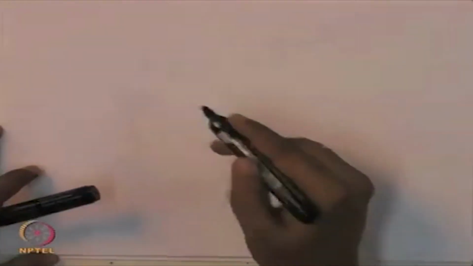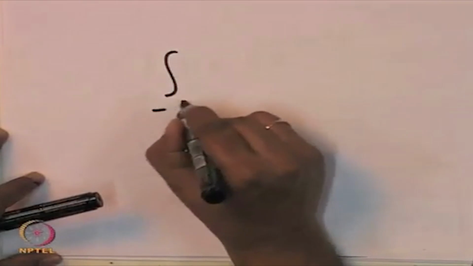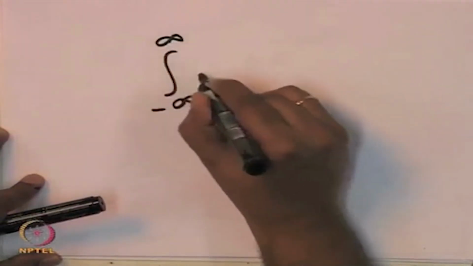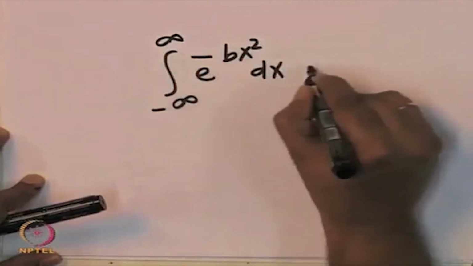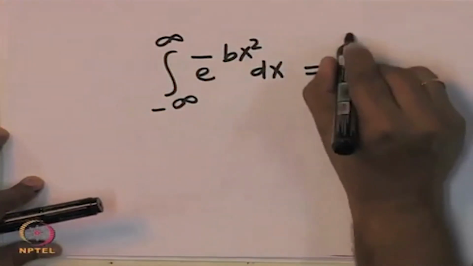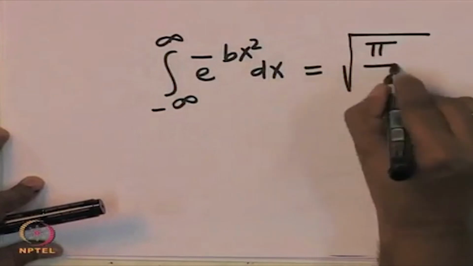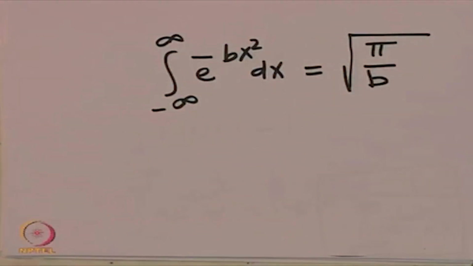To begin with, I will just tell you the answer: the integral from minus infinity to infinity of e power minus b x square dx is root of pi by b. How do we get it?